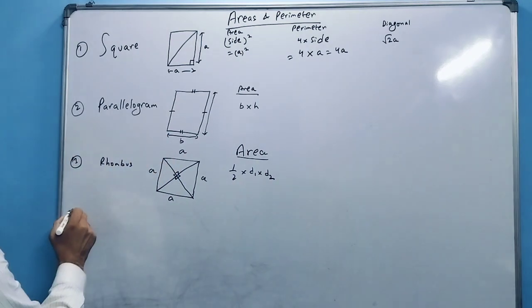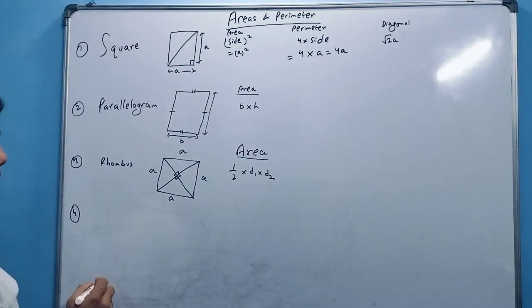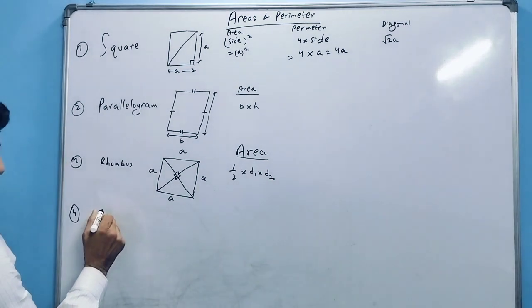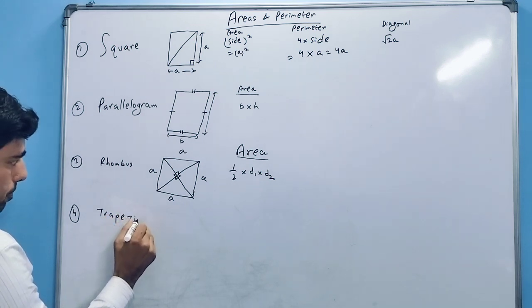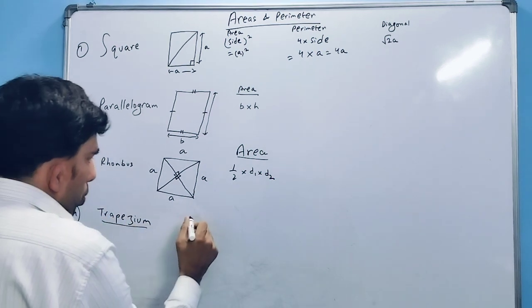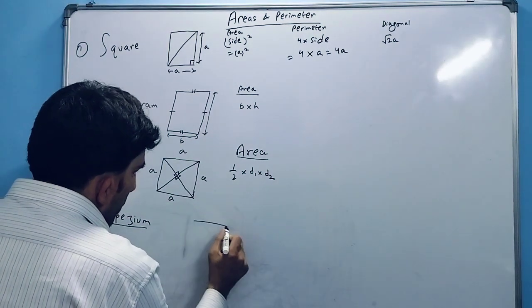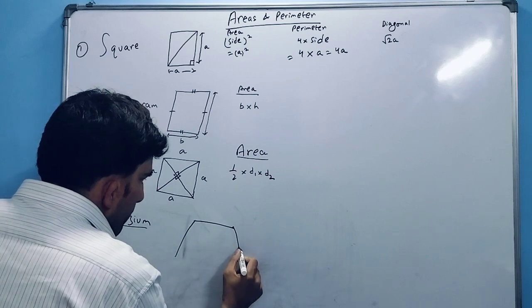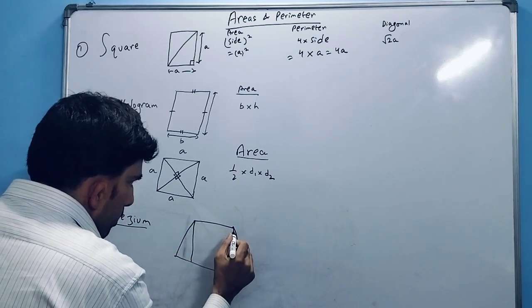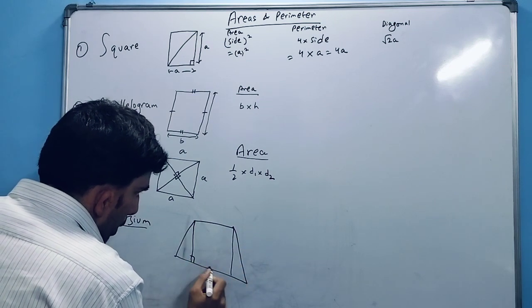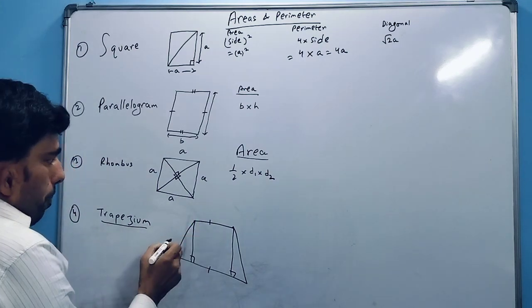Now the fourth figure is the trapezium. If I try to draw the figure of a trapezium, it will be like this. These two are heights, perpendicular; opposite sides parallel.